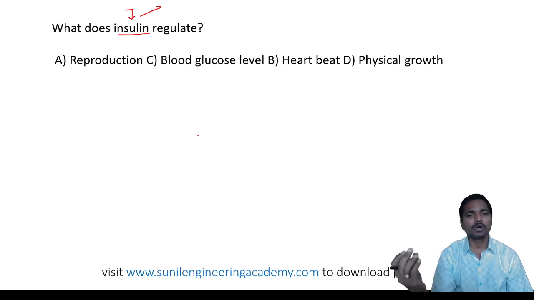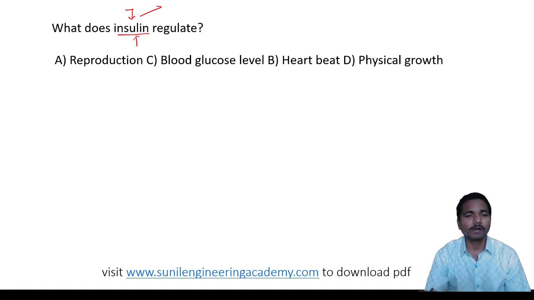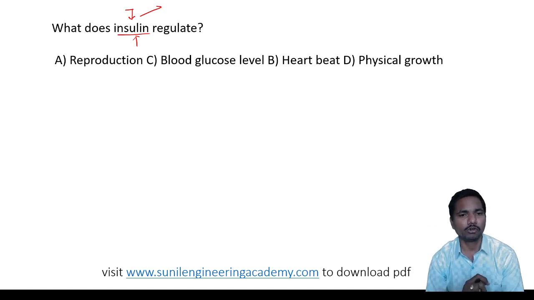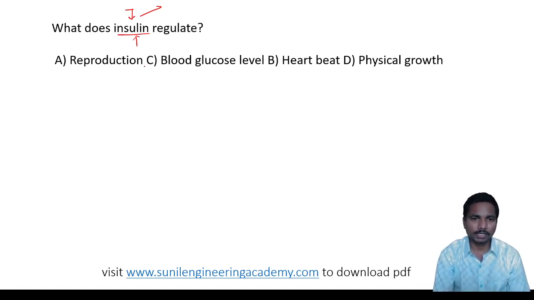Diabetic patients have a high glucose level. So to regulate that glucose level, we use insulin injections. If insulin is not properly generated in our human body, then we have to give it externally. So it regulates blood glucose level.